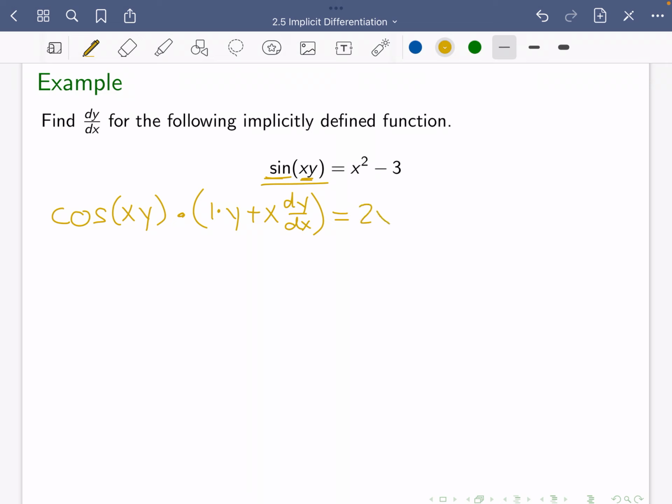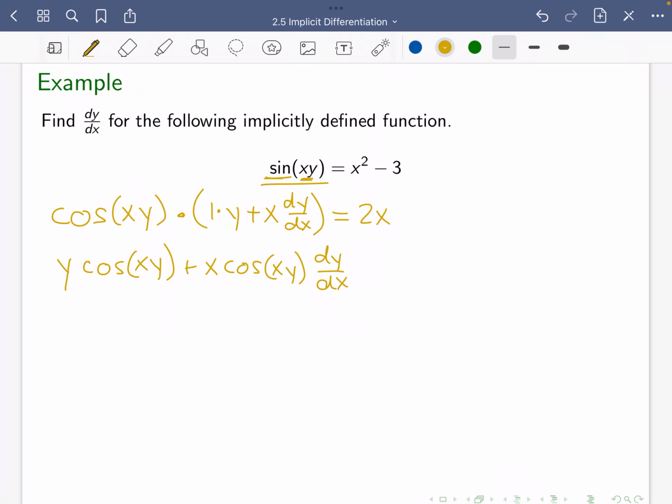And on the right-hand side, we have 2x minus 0, or just 2x for our derivative. So on the left-hand side, we have y cosine of xy plus x cosine of xy dy/dx.